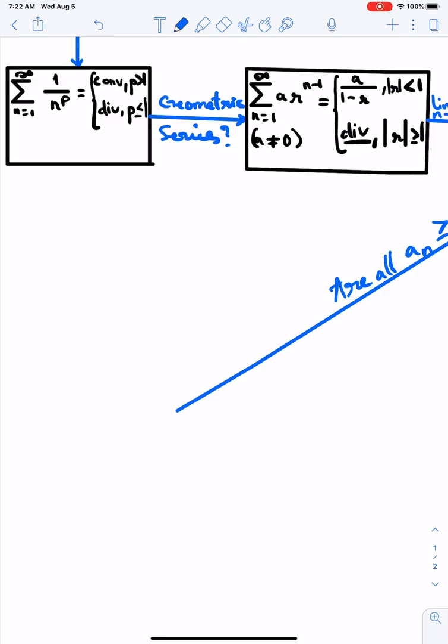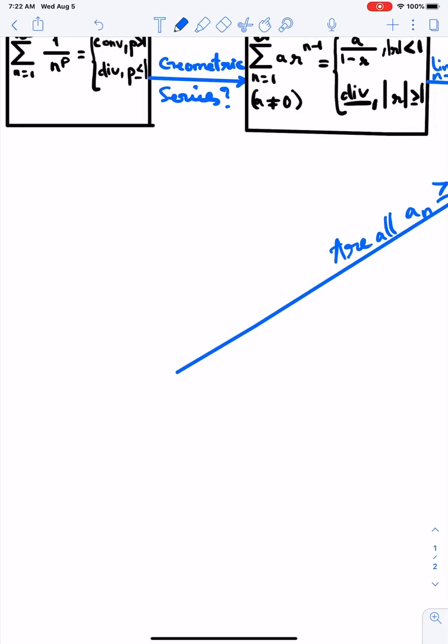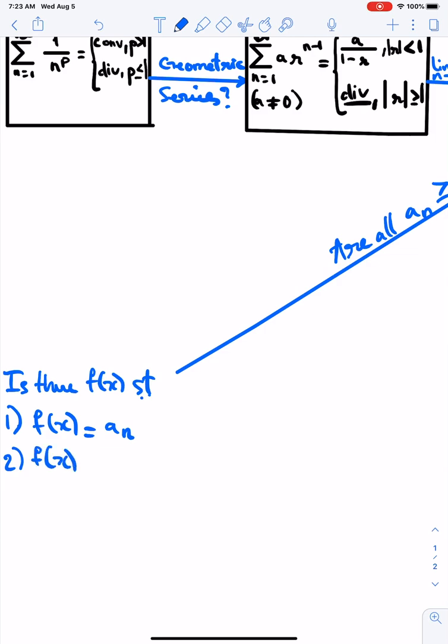So the first major test, well, what is it? The integral test. For the integral test, you want to ask yourself, is there an f of x such that we can model that sequence by some function in a reasonable way, and second, is f of x easily integrated?